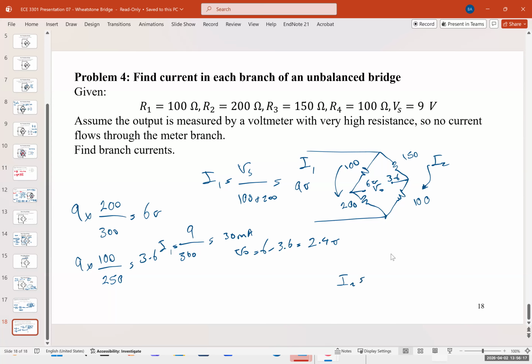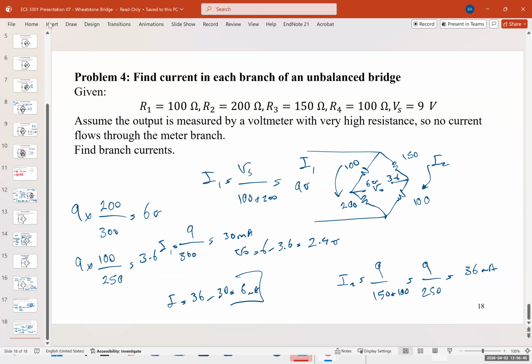And I2 would be 9 over 150 plus 100, so 9 over 250 gives us 36 milliamps. The difference between them, 36 minus 30, gives us 6 milliamps approximately. But it will make the whole system go in a different direction.